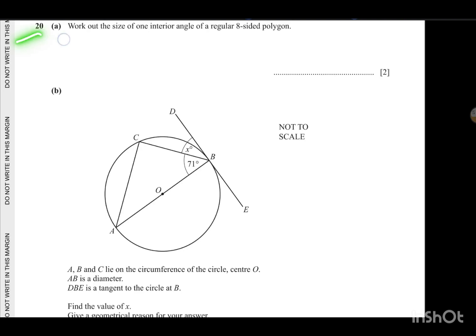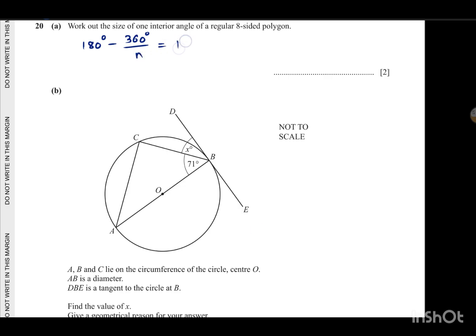Question number 20. Work out the size of an interior angle of a regular 8-sided polygon. For regular polygons, to find out the interior angle, you need to use the rule 180 minus 360 divided by the number of sides, that is n.